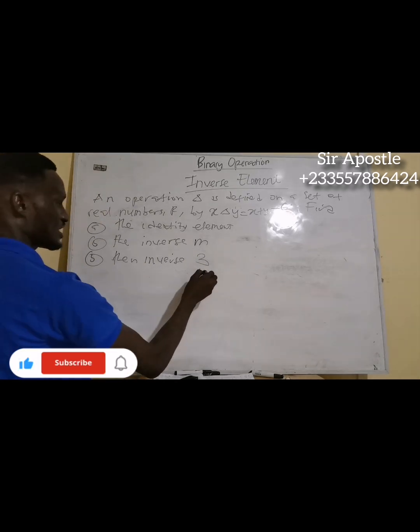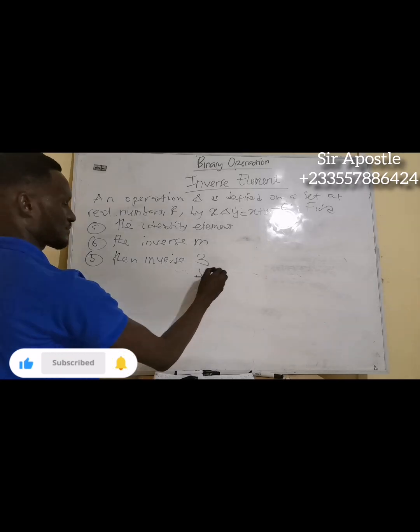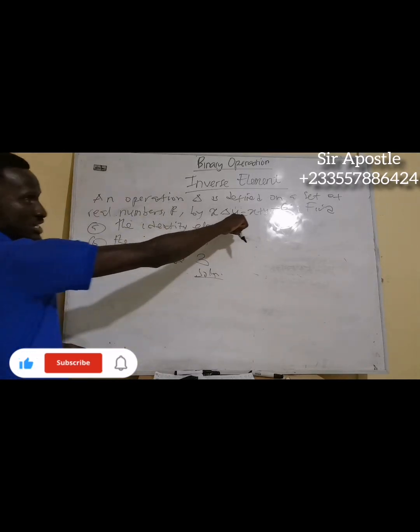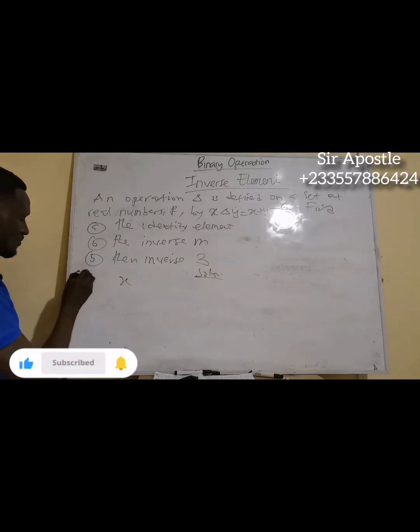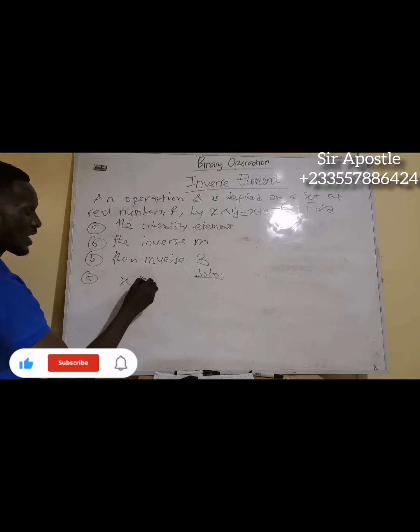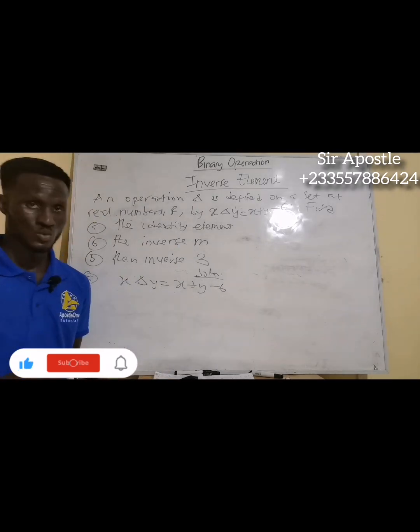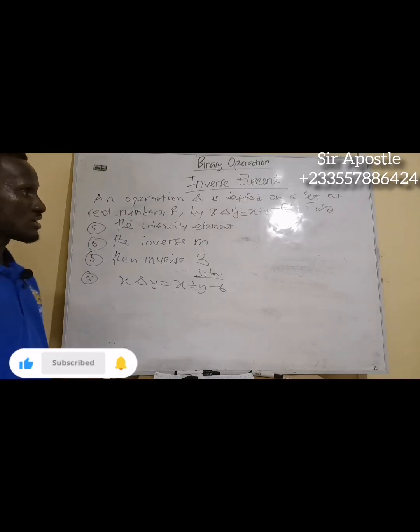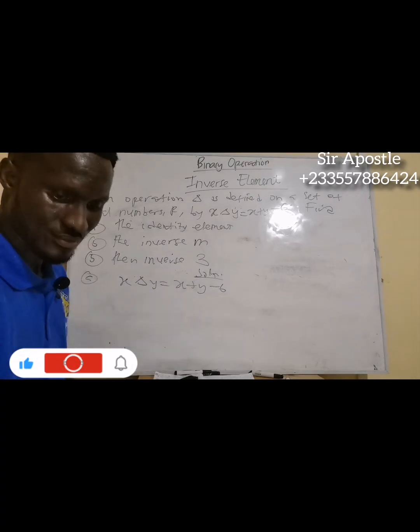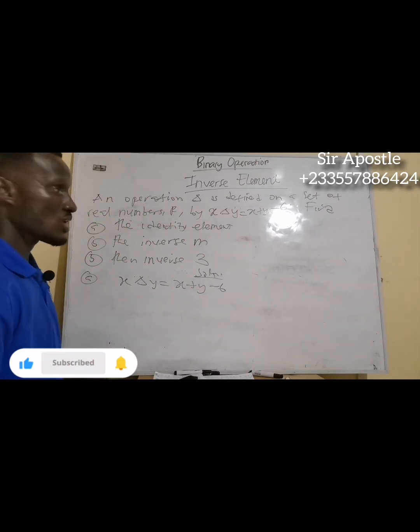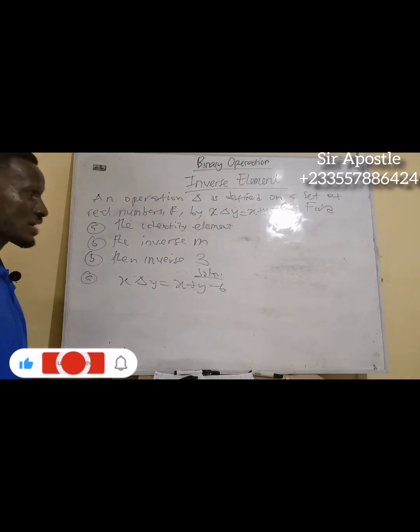So let me guide you through this particular question. We have the operation, the definition: x operation y is equal to x plus y minus 6. What we are looking for at this point is the identity element.